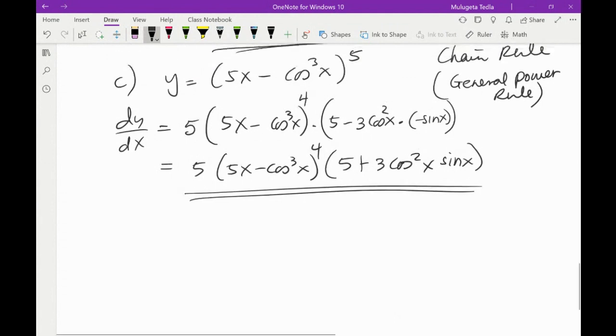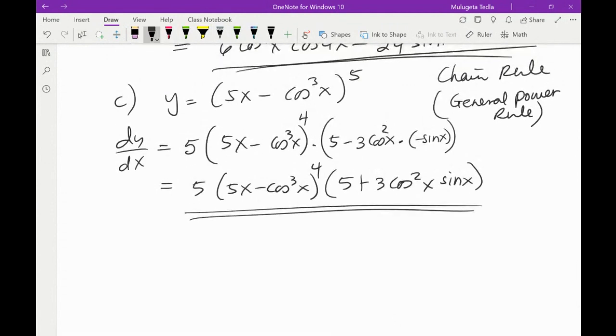Yeah. So again, I repeat the process. Bring the 5 up front, write the base, reduce the exponent by 1, times the derivative of this thing. The derivative of 5x is 5. What is the derivative of cos x cubed?